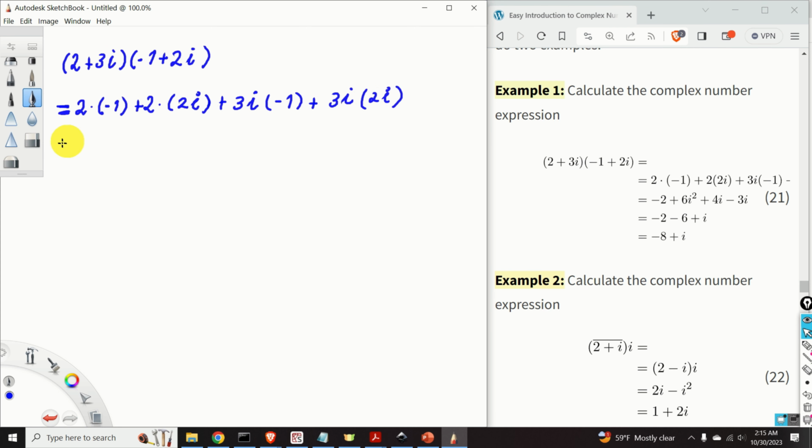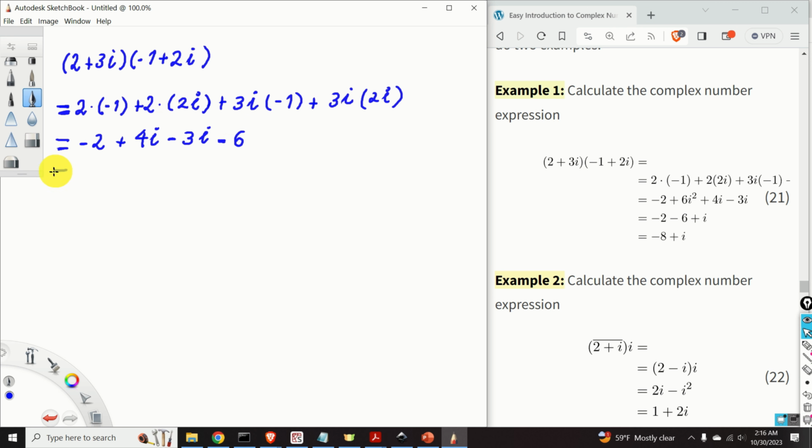Okay, let's simplify this expression. We have minus 2, we have 4i, we have minus 3i. And over here, 3i multiplying 2i should be the following. 3 times 2 is 6, and i multiplying i is minus 1. That's why I placed minus 1 over here.